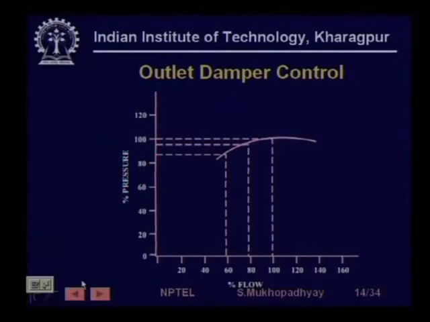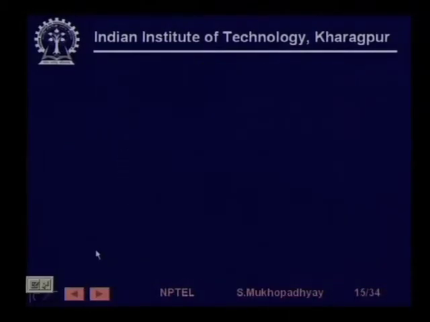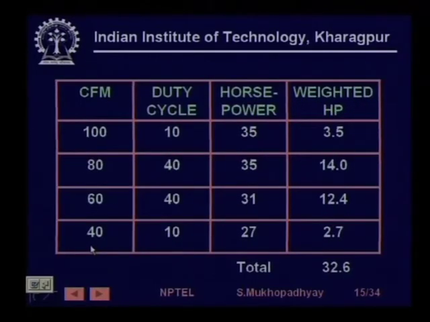Now, what happens if you use a variable speed drive? Now, this is that particular case. If you want to see this figure, what does it say? It says that for our example and for the fan curve that we have seen, if you take 100% CFM, 100% flow, the horsepower requirement becomes 35.